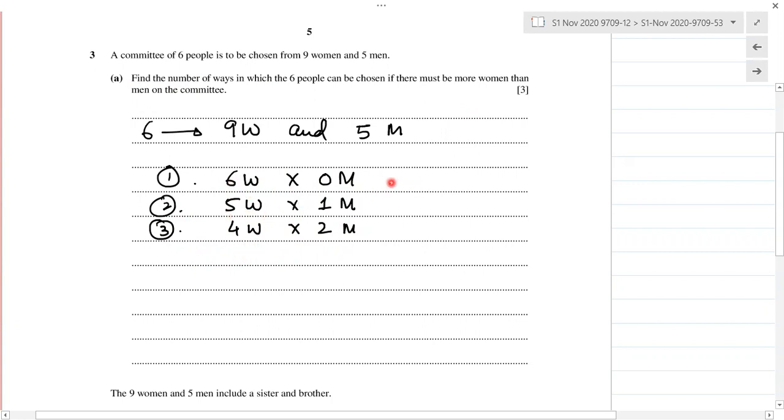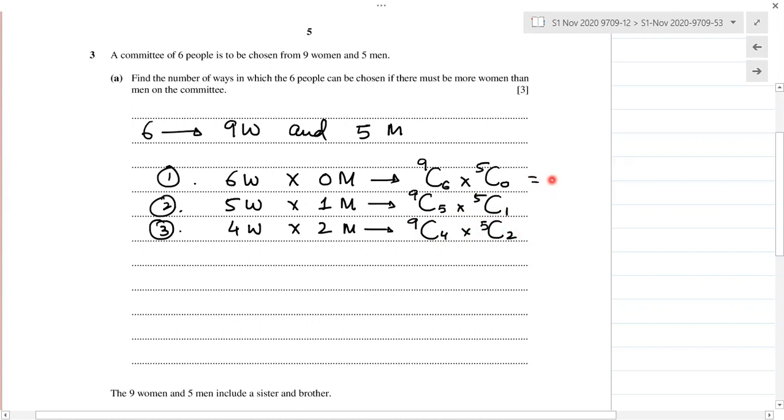Now, since we have this, we write this in terms of combinations. We had 9 women and we have selected 6. So that's 9C6 times 5C0, since we had 5 men and selected 0. For this it is 9C5 times 5C1, and this is 9C4 times 5C2.